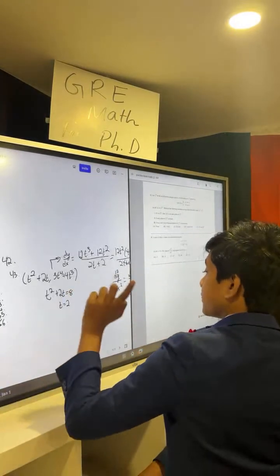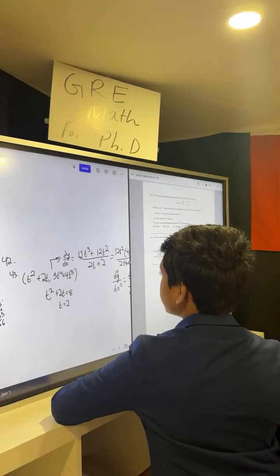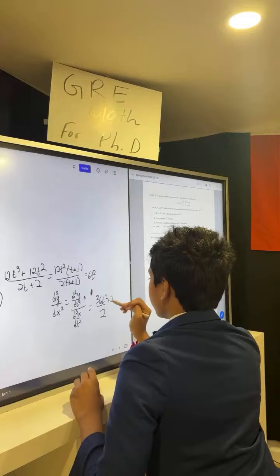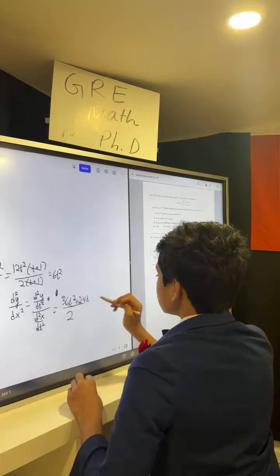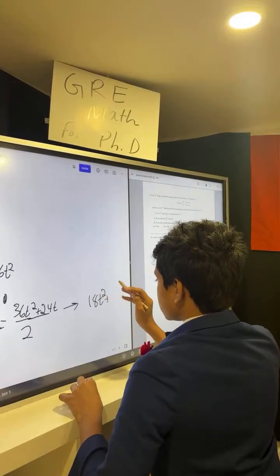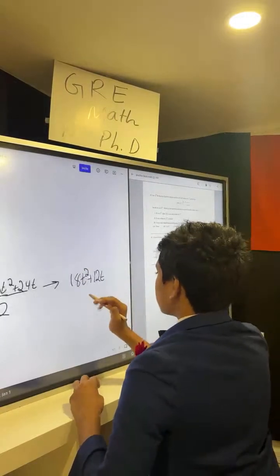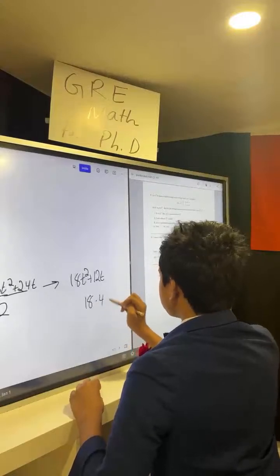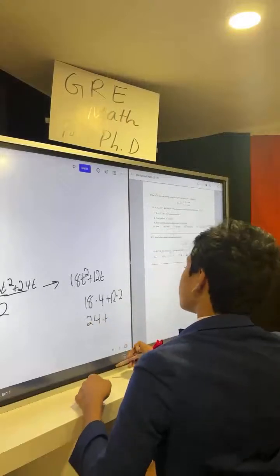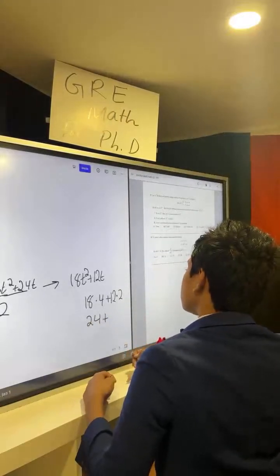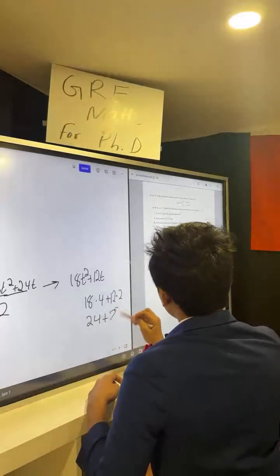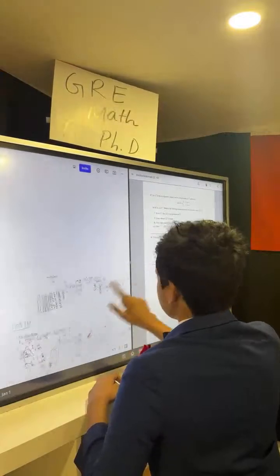Okay, and the second derivative of this is going to be 36t squared plus 24t. So it's going to be 18t squared plus 12t, and at t equals 2, that calculates to 24 plus 72, which is 96.